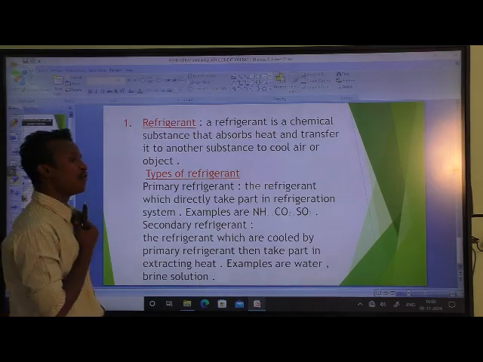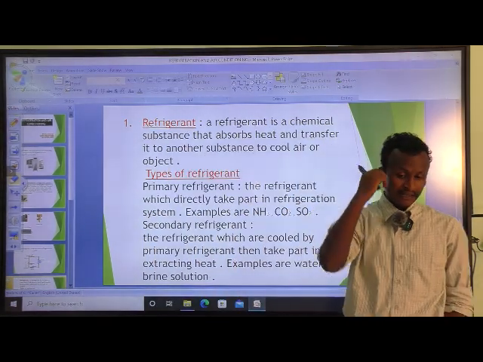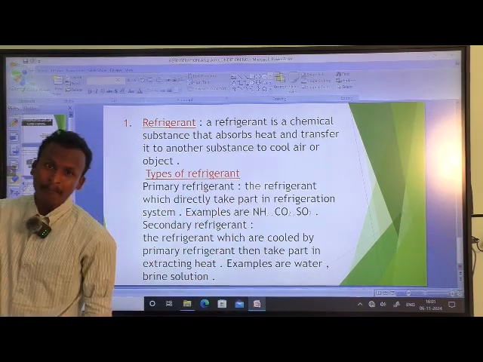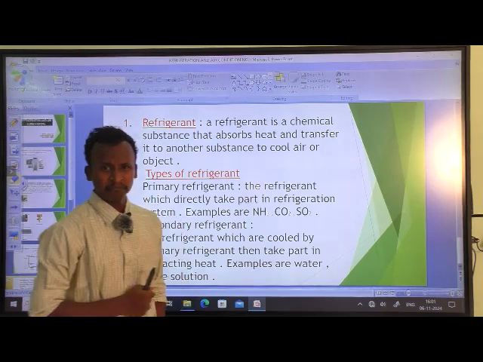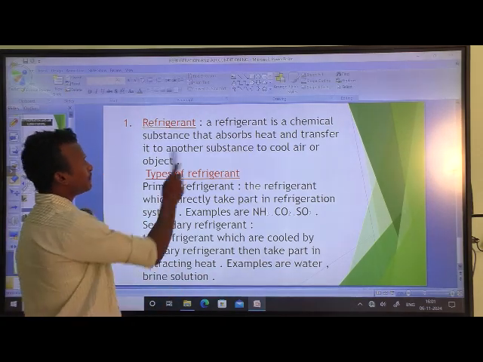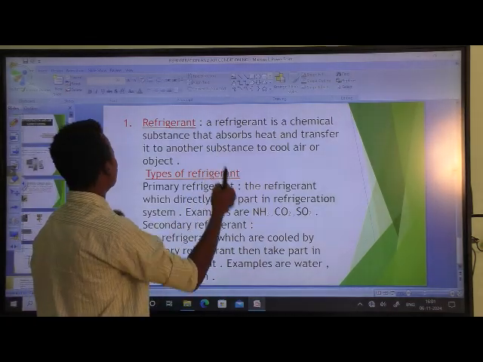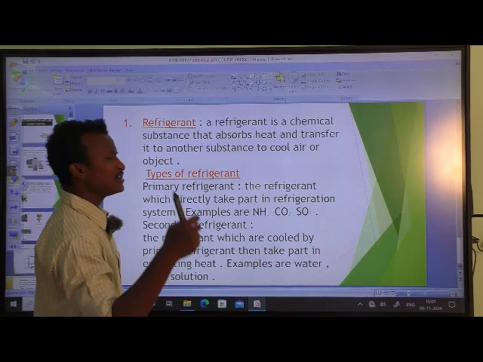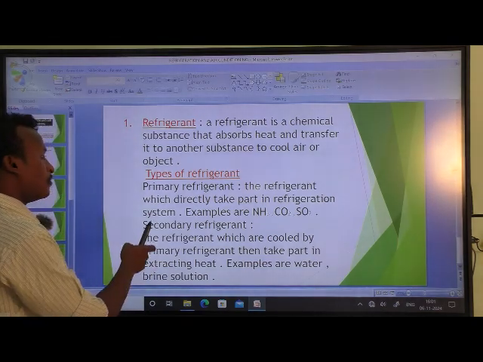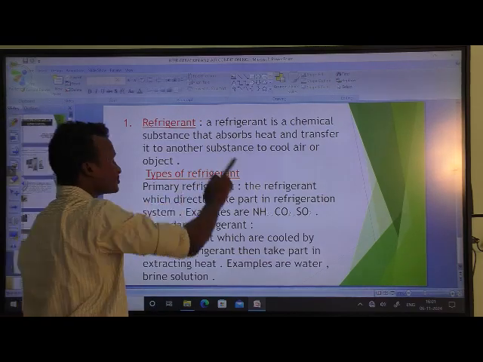My dear students, now we will study, as I told you, the refrigerant that flows inside the simple vapor compression refrigeration system. So what do you mean by a refrigerant? My dear students, a refrigerant is a chemical substance that absorbs heat and transfers it to another substance to cool air and objects.